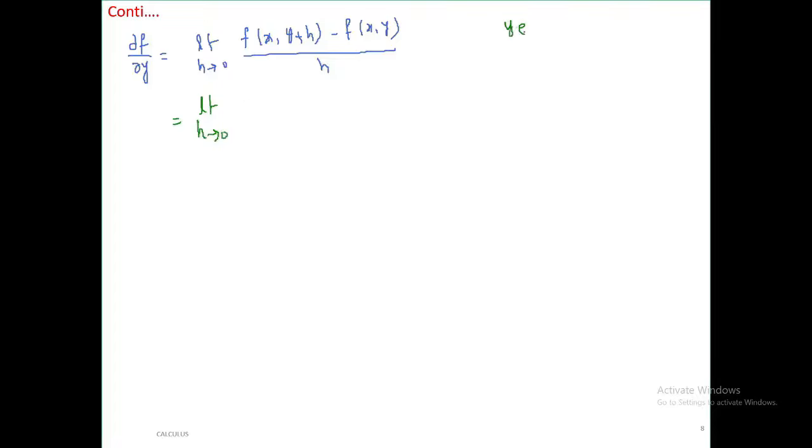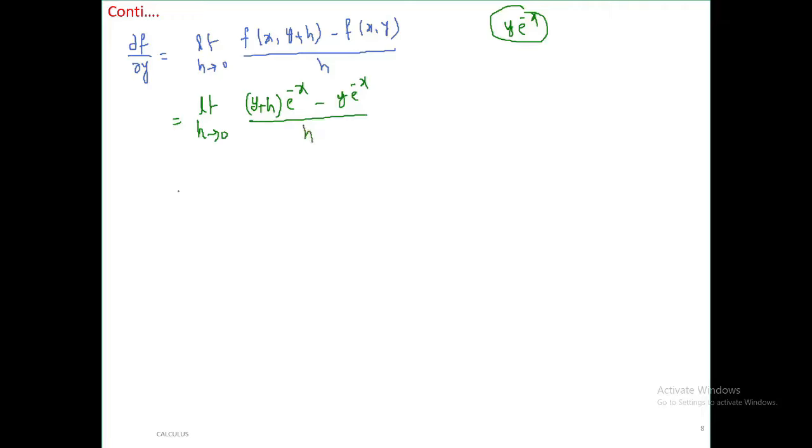y into e power minus x, right? This is the function. And what is f of x comma y plus h? Wherever y is there, you write y plus h. So therefore y plus h into e power minus x, minus y into e power minus x, f of x comma y as it is, divided by h.